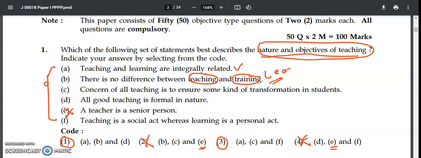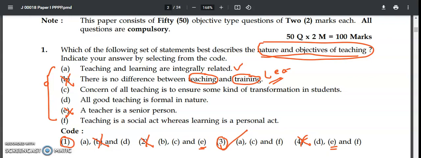So B can be taken as a wrong one. If B is wrong, you can strike out option 1 also, and then you can blindly go for option 3 as the correct answer.